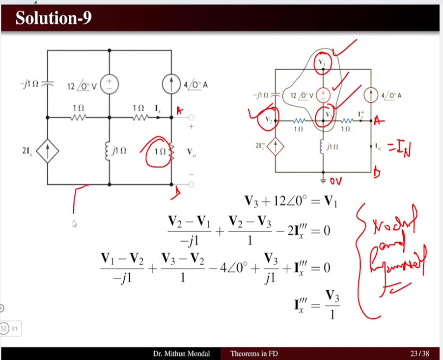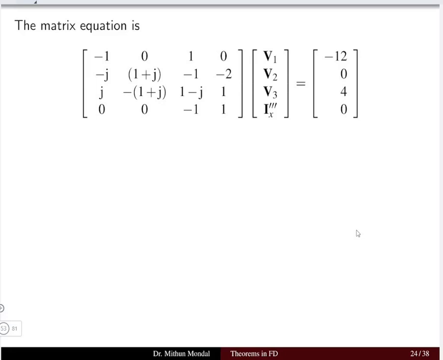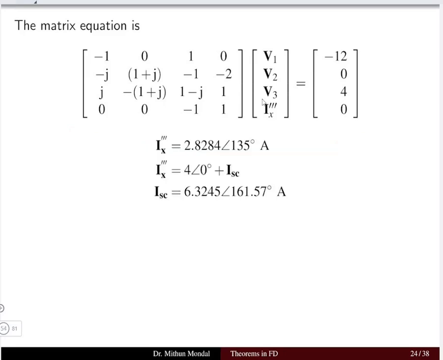On writing these equations, we have to solve for the unknown variables V1, V2 and V3, and apart from that we have one other unknown, that is Ix triple dash, which is the current flowing through the 1 ohm resistor. That also we need to find out. So we have in total 4 equations in 4 variables. Once we put that in matrix format, we can get the unknown variables.